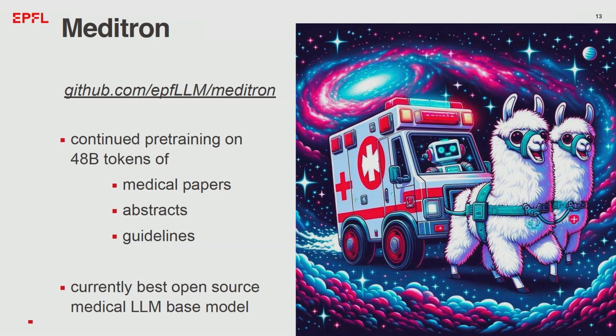Then we trained on 50 billion tokens from these papers. Most of them were from entire papers, like from the PDFs, which was already extracted. Sometimes it took a lot of work to actually process this data and identify the right data sources. But it ended up being the best performing open medical model.